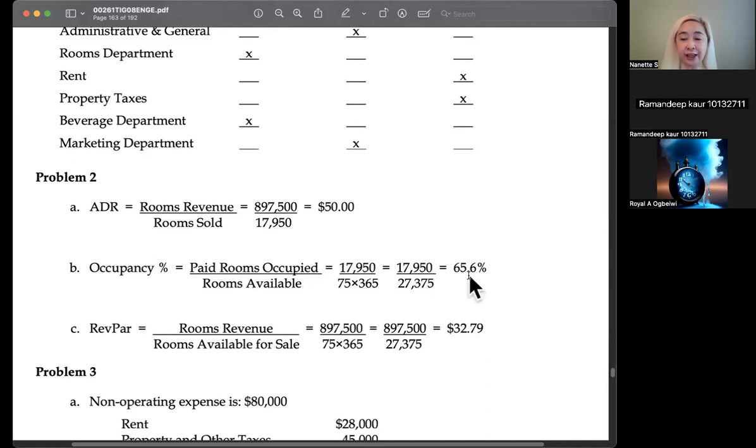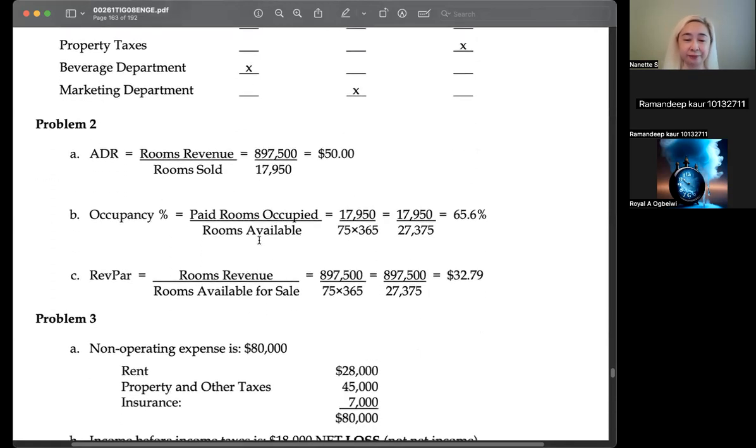So here, the example will give you 65.6%. So what about the unsold rooms? Unsold rooms would be around 34.4%, right? 34.4%.